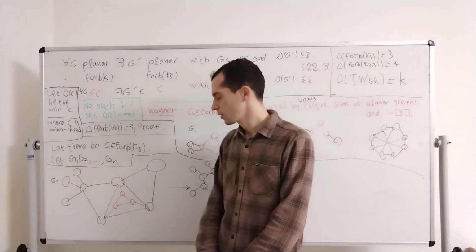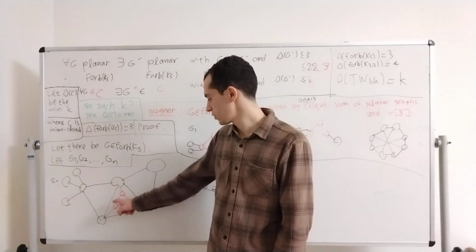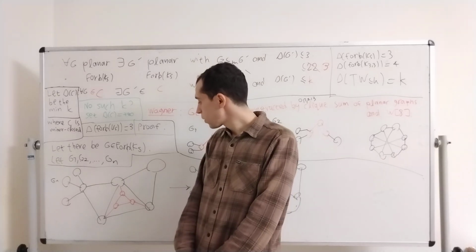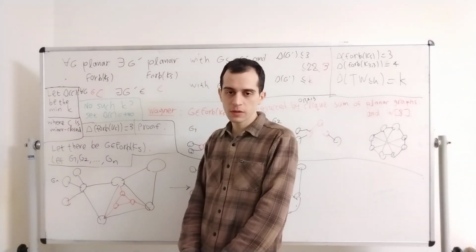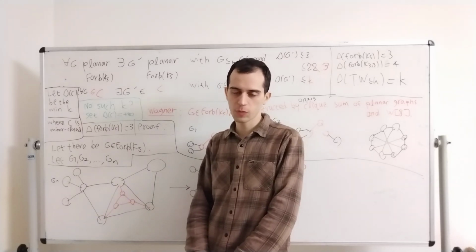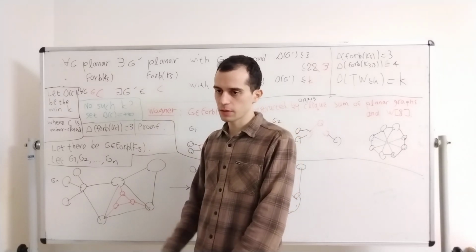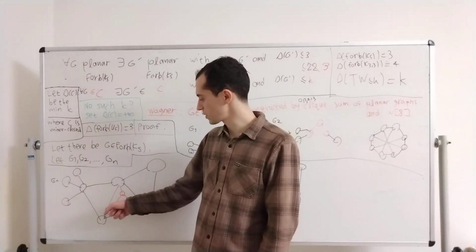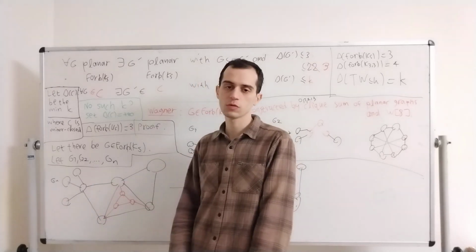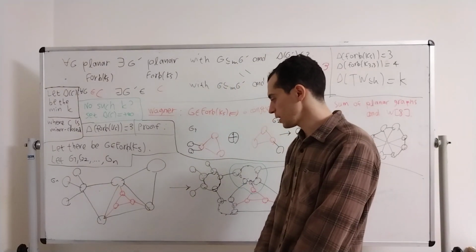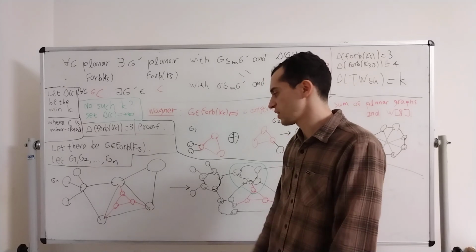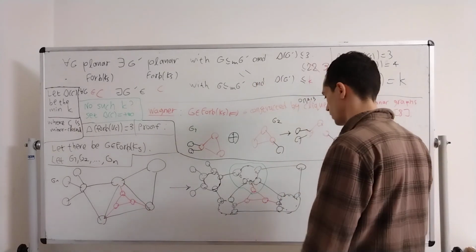Because if they have something in the interior and in the exterior, then we could further decompose C1 into the click-sum of smaller graphs. Basically, this triangle and what is inside would be one graph, and this triangle and what is outside would be the other graph. So let's say at least the interior or exterior must be empty, and let's say it's the interior.